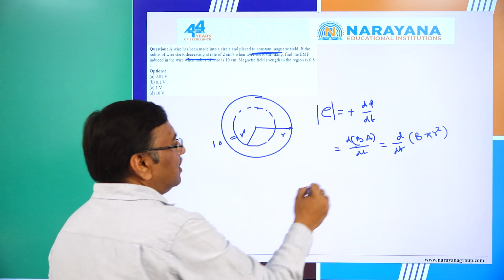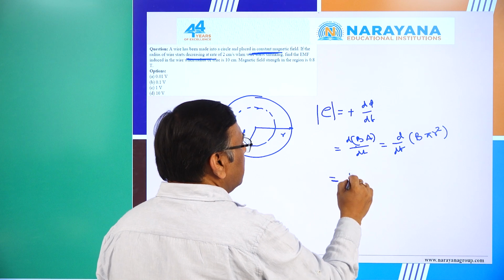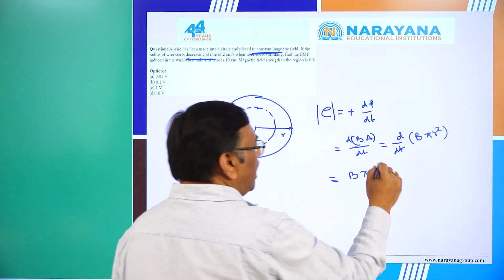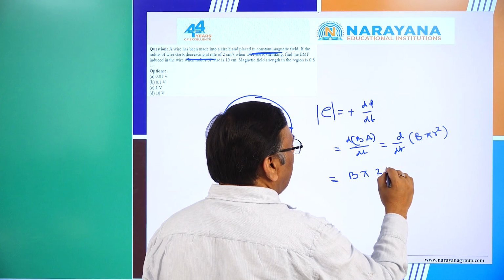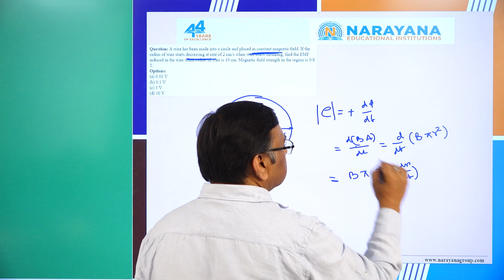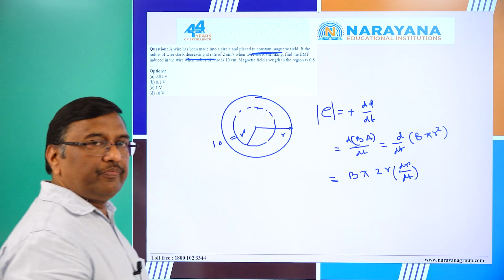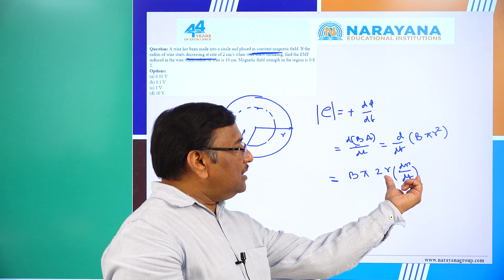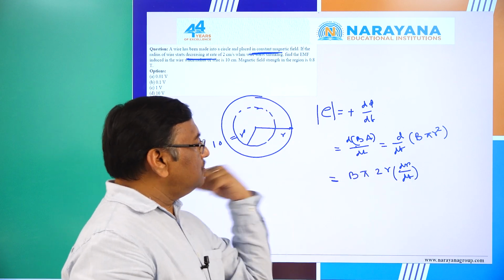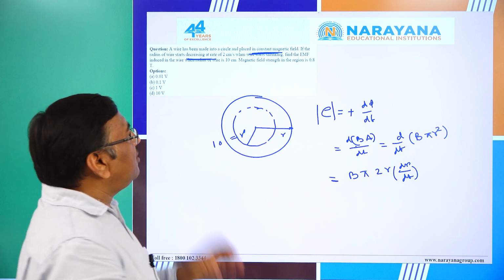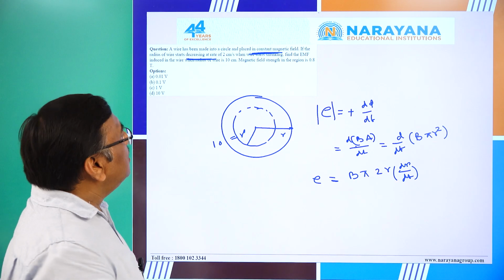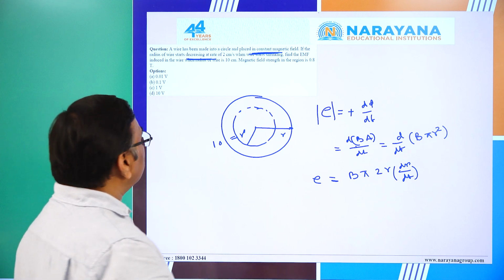The moment we write this, B is a constant quantity, take it out, pi is a constant quantity, take it out, r squared differentiation is going to give you 2r into dr divided by dt, as I am differentiating with respect to time. The rate at which dr upon dt is changing is given to you, r is given to you. This is the value of induced EMF, that's what the question is asking. Simply substitute the values.